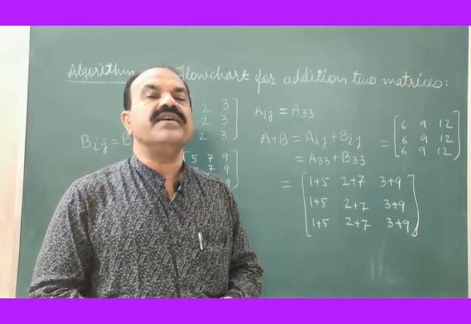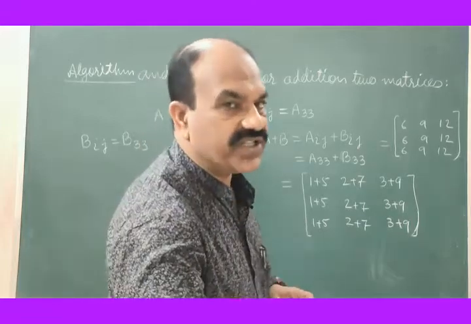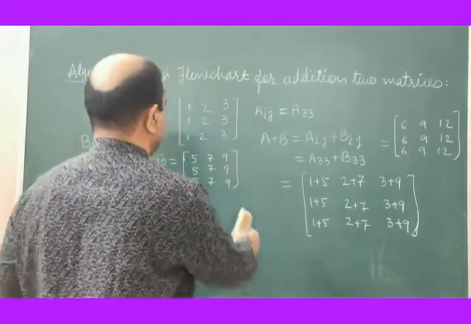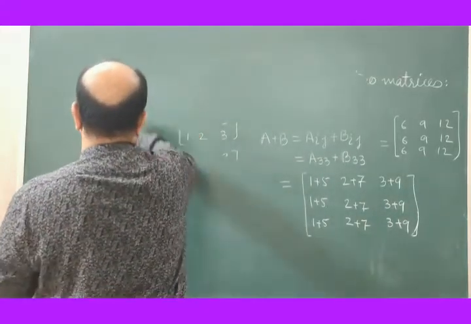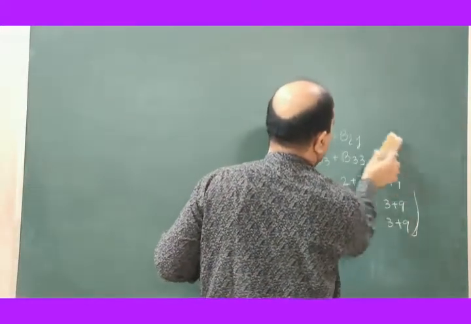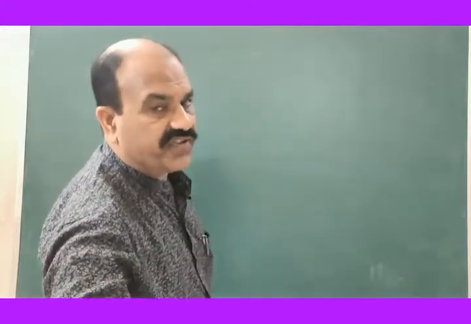Let us remember this procedure and use it for writing the algorithm. So, let us try to write the algorithm for addition of the matrices. What is the first step? The first step is always start.